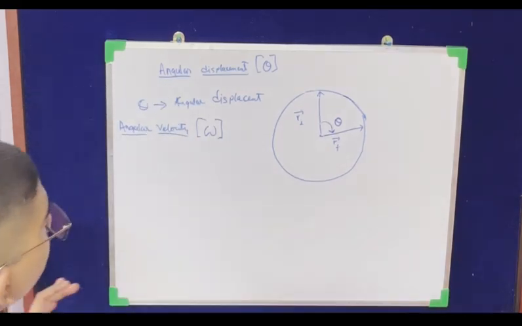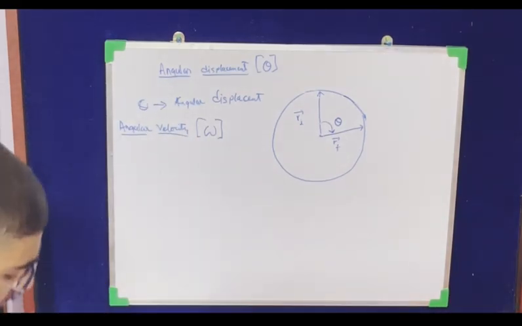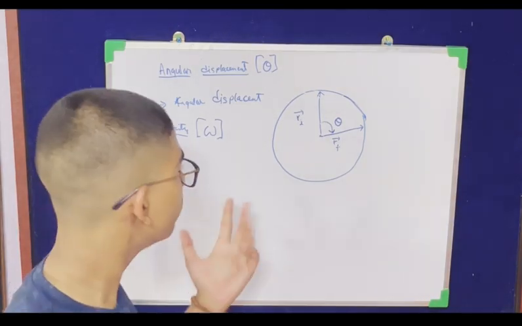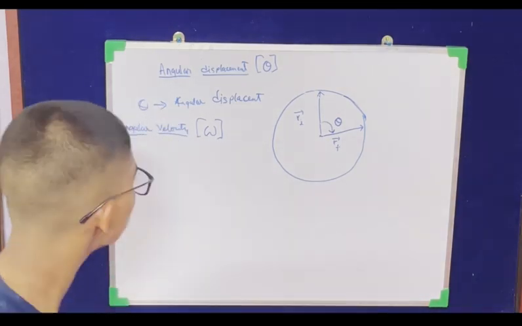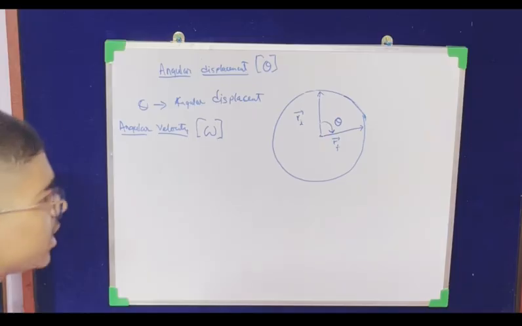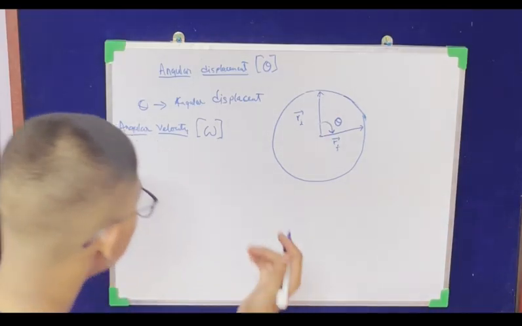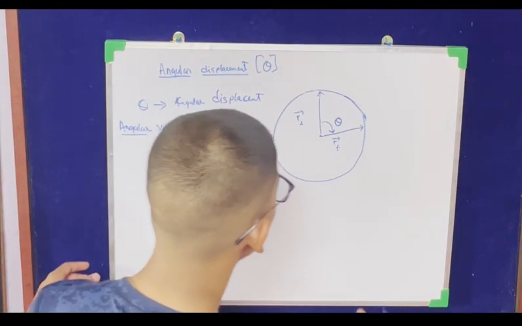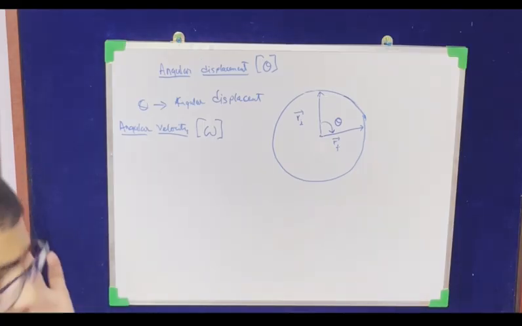So it's very simple, right? We have understood angular displacement, so it is very easy for us to understand what is angular velocity. Angular velocity is nothing but the rate of change of angular displacement.